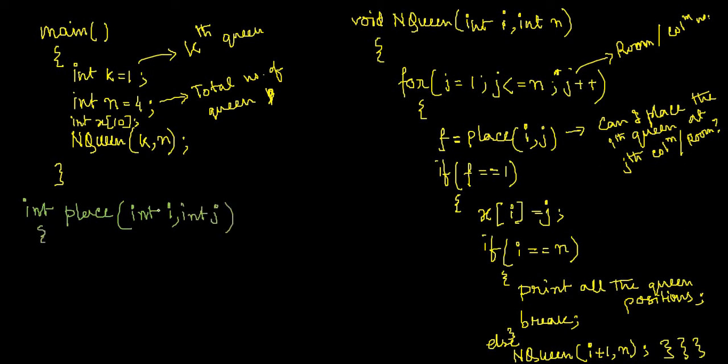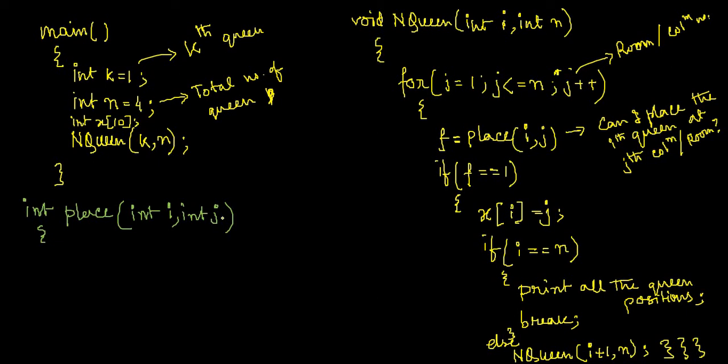So you want to place the ith queen in the jth position, and for that purpose you have to check the other queens, is there any collision or not, right? If I want to place the third queen, I have to check, do I have any collision with the first queen? If not, do I have any collision with the second queen?